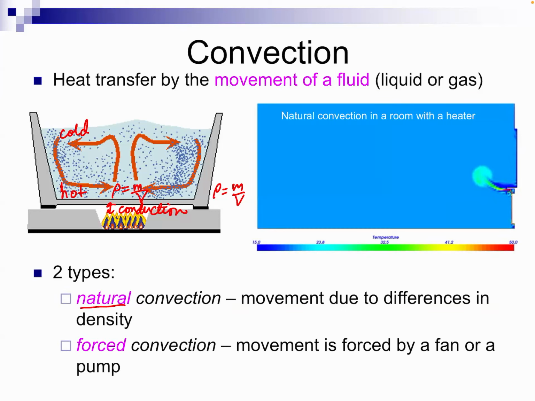So natural convection occurs naturally because of differences in densities, but we can also force the movement of air molecules or water molecules by forced convection. For example, if we use a fan, then the wind from the fan will blow the air particles everywhere in the room. So using a fan would be an example of forced convection.